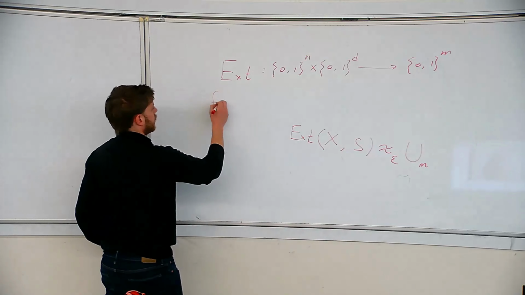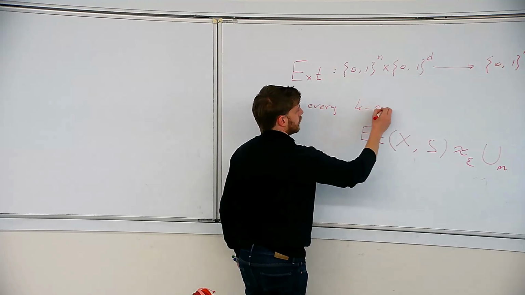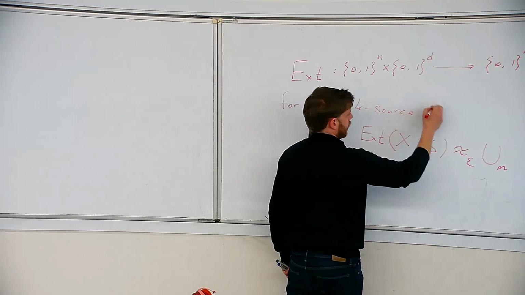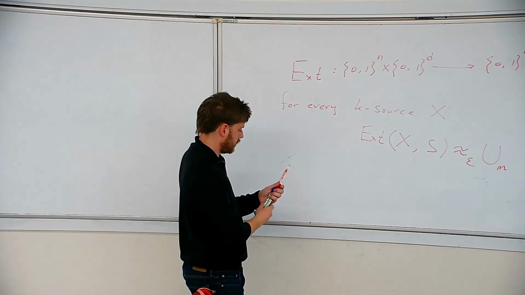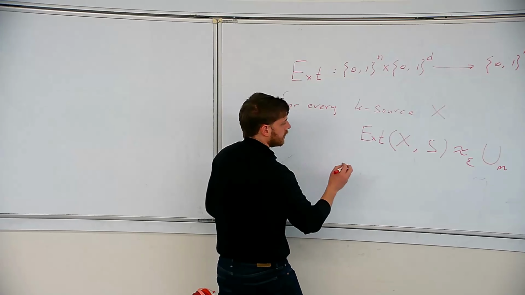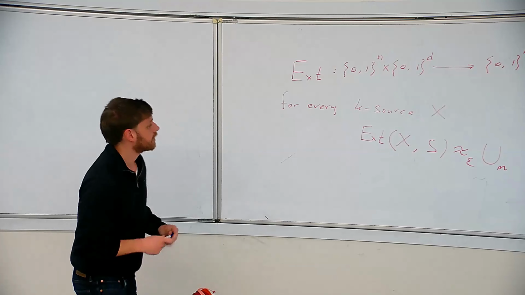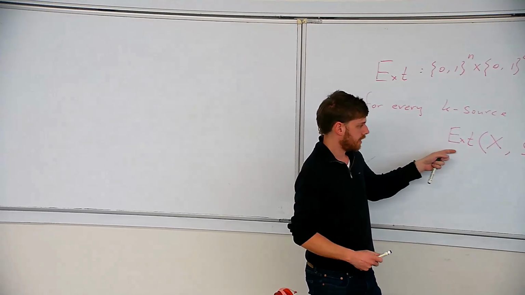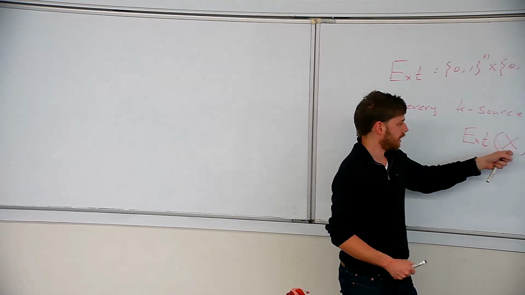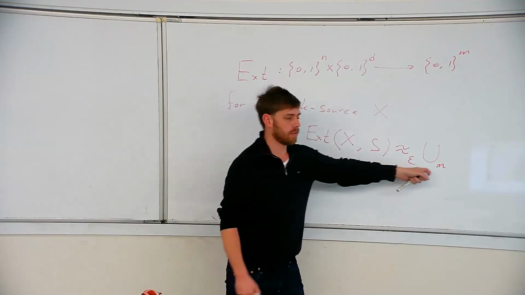So for every K-source X, the output of the extractor over a sample from X and a uniform seed is close to uniform.